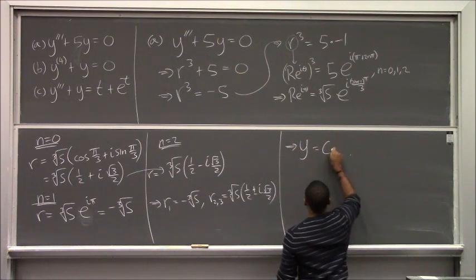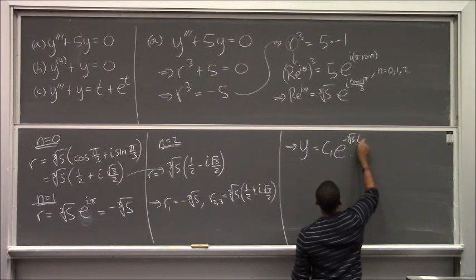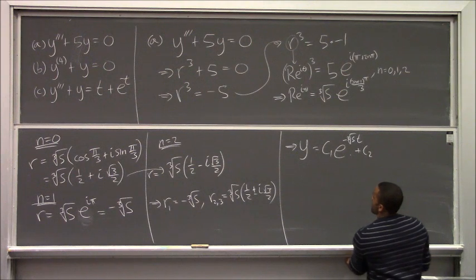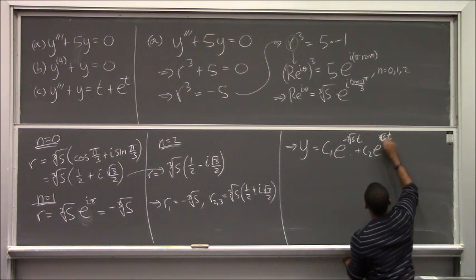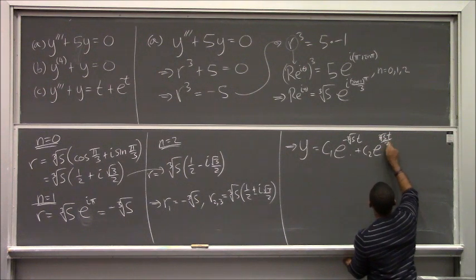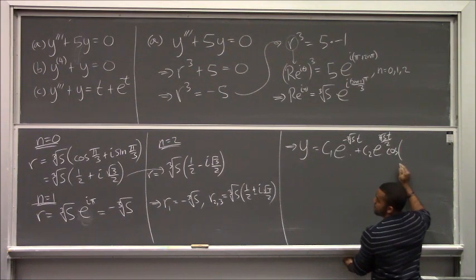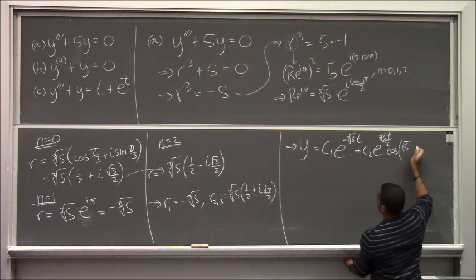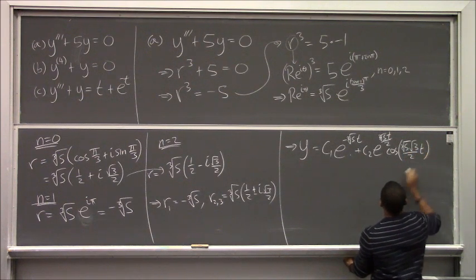c1 e to the negative cube root of 5 t, plus c2 e to the cube root of 5 t over 2 cosine of the cube root of 5 times square root of 3 over 2 t.